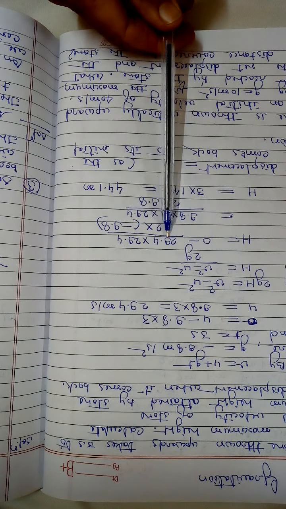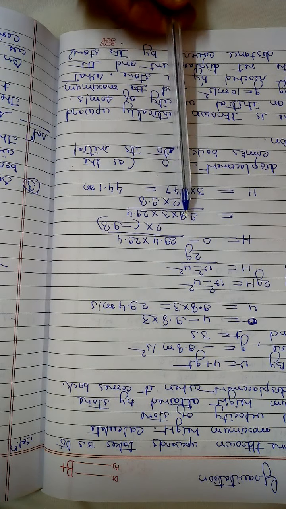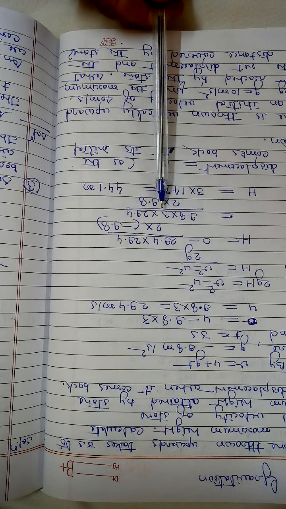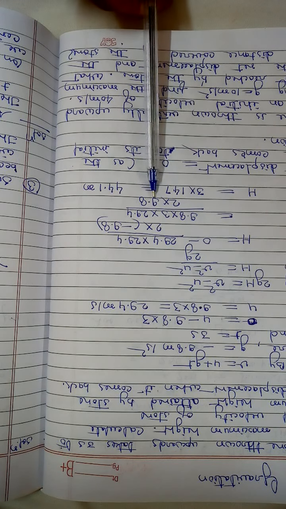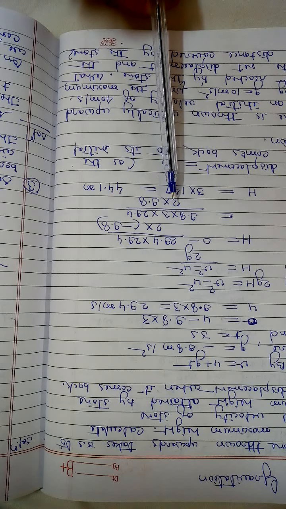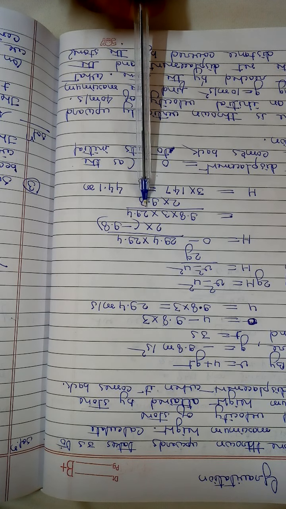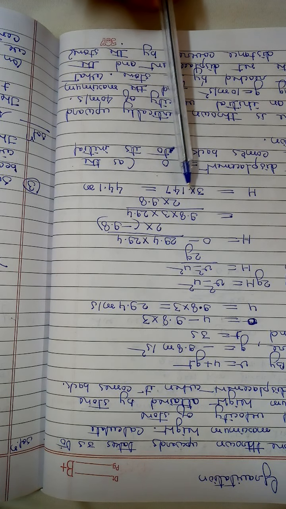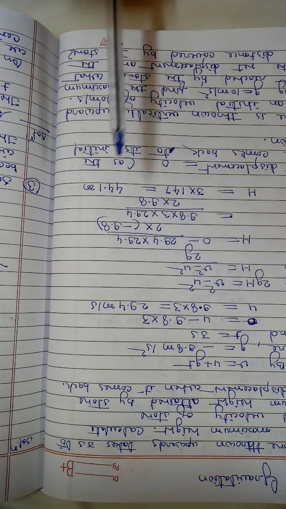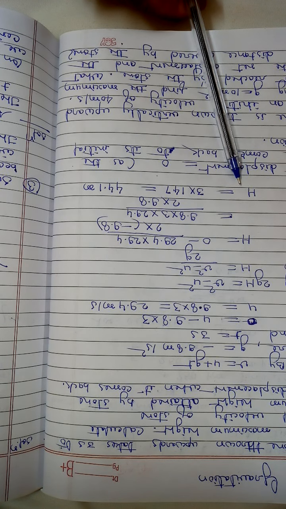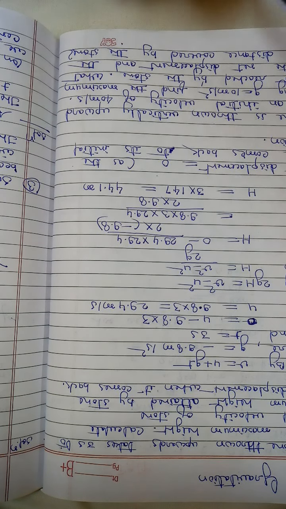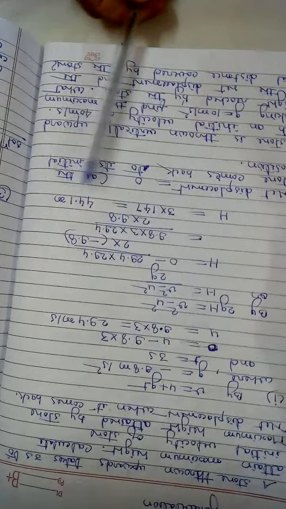Again we can write this 29.4 as 9.8 into 3, so that this 9.8 will be cancelled by this 9.8, and by this 2 we can cancel this as 14.7. So we are getting 3 into 14.7, which gives the value of H, that is the maximum height attained by the stone, as 44.1 meter.